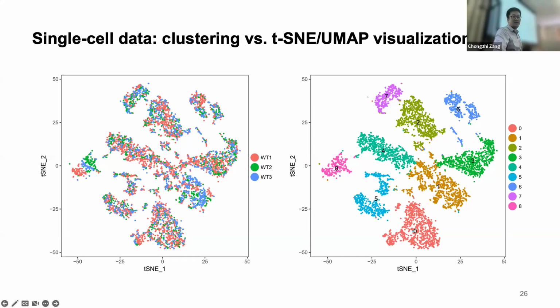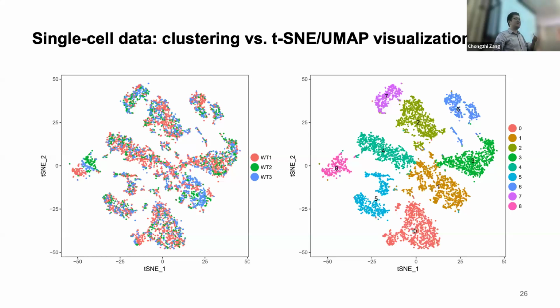Whether different cells have the same color or different colors is calculated from the original high-dimensional data. These clusterings are not and should never come from the UMAP itself.